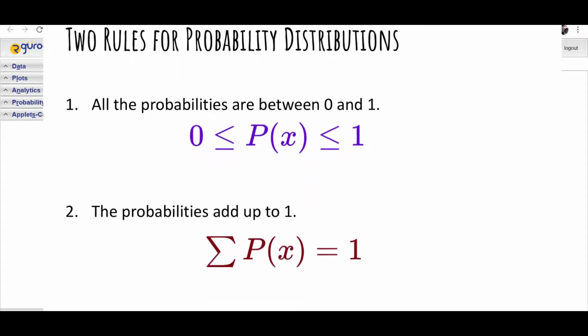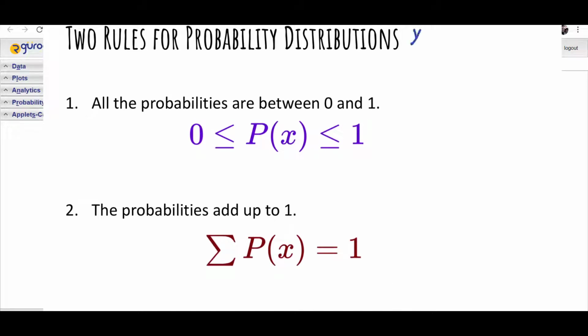All right, so here are 2 rules for probability distributions that are important to note. One is that probabilities are always between 0 and 1. They can include 0 and 1, but you won't have any probabilities that are negative, so no probabilities less than 0 and no probabilities bigger than 1.